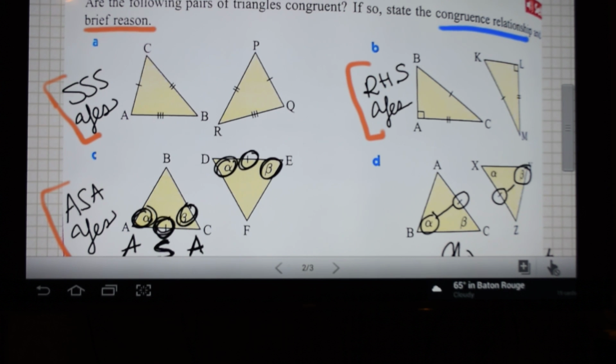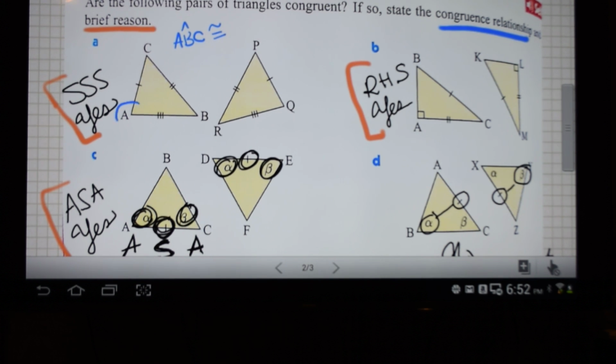I'm just going to call it ABC. Make sure you put that. Now you write "is congruent to," and then when you label the second triangle, you have to be careful, and it's not necessarily in alphabetical order.